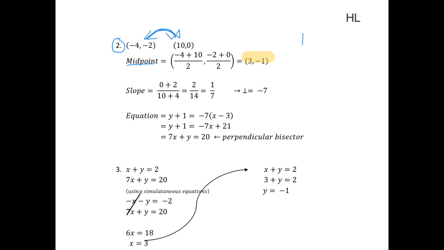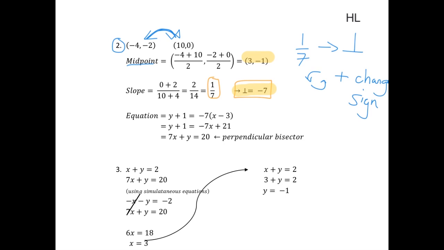If we have a slope of 1 over 7, and we want to get to the perpendicular slope, we need to flip our fraction and change the sign. Flipping our 1/7 gives us 7, but then we need to change our sign. So the slope of our perpendicular bisector is going to be minus 7.